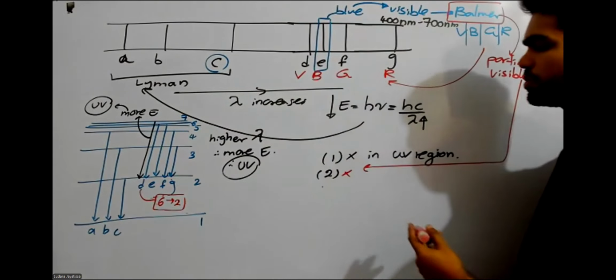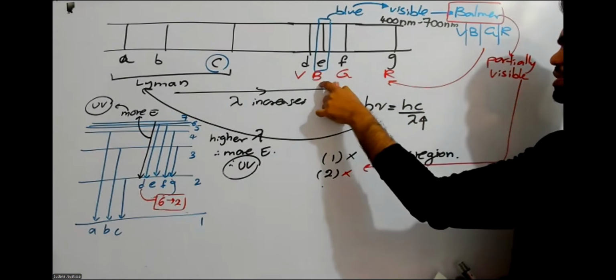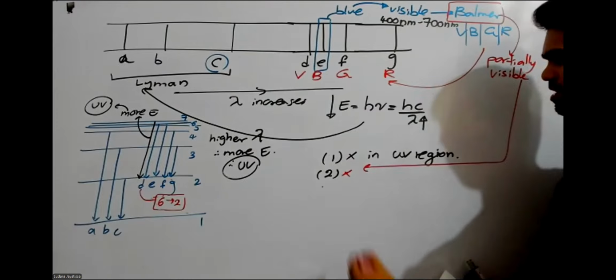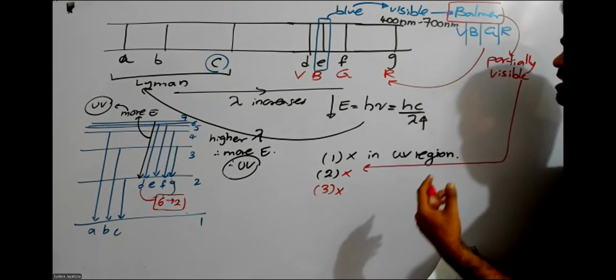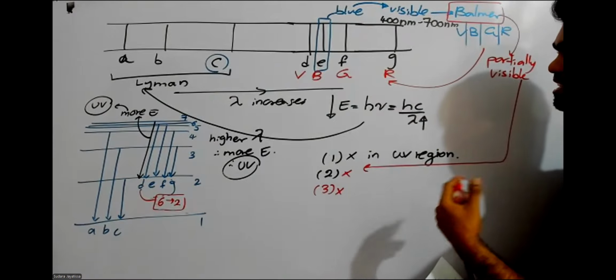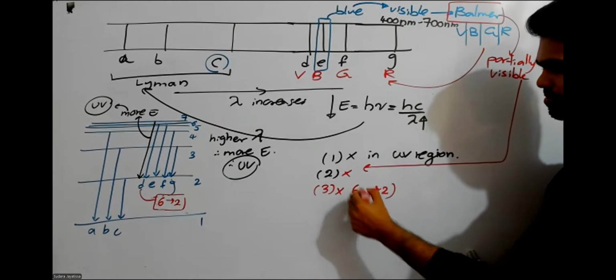So 3 to 2 is red. 4 to 2, 5 to 2, 6 to 2. So the third one is also wrong. It says 5 to 2. 5 to 2 is not D, it is E. So it is 6 to 2.